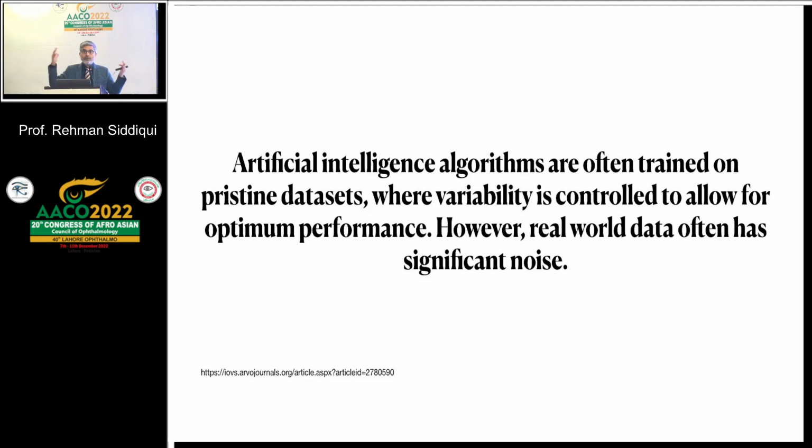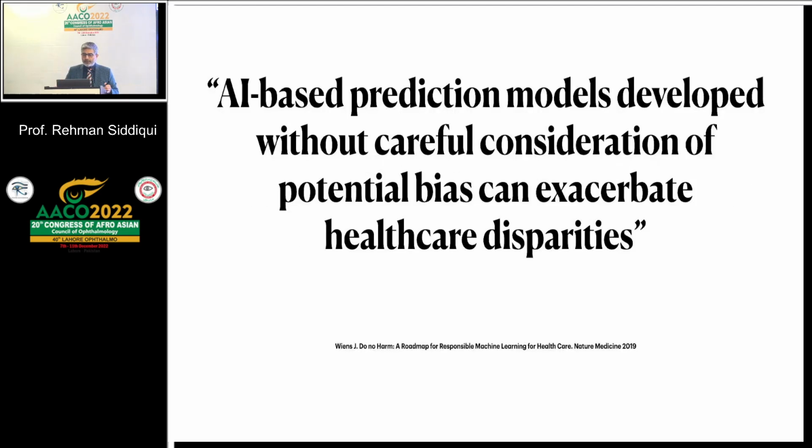There is hoo-ha for artificial intelligence, but it doesn't work very well because in the real world there's a lot of noise in the data. And one of the reasons we presented the biases talk initially in machine learning is that if you are building a model of artificial intelligence and you're not aware of those biases, that model will always have problems, and it will actually exacerbate healthcare disparities rather than minimize them.